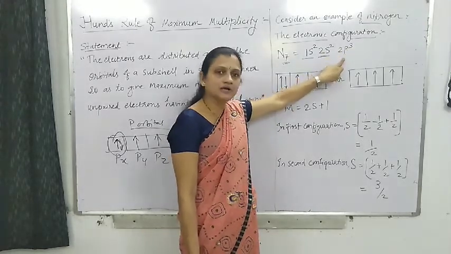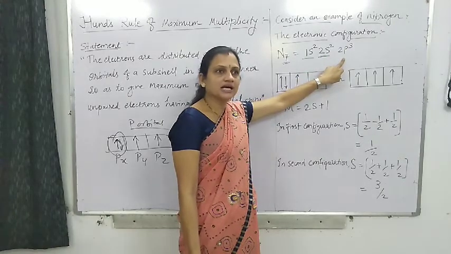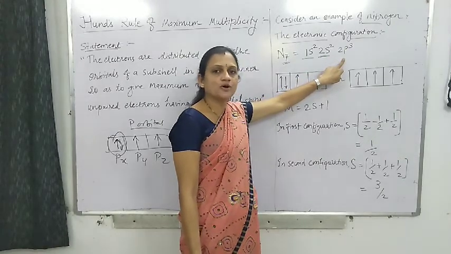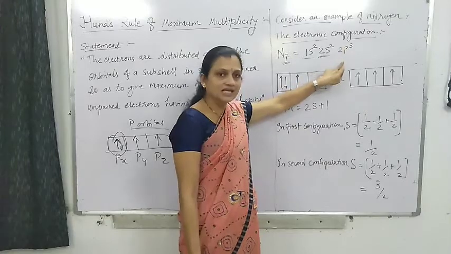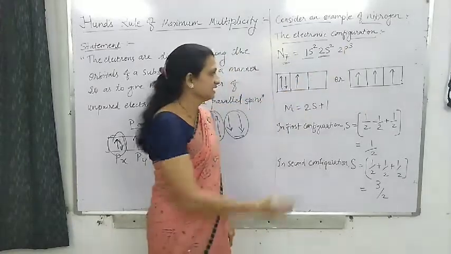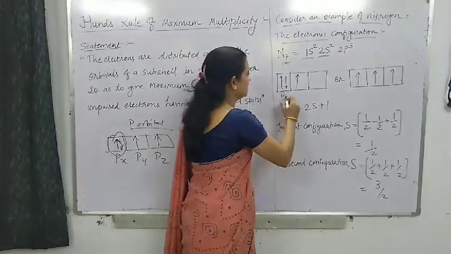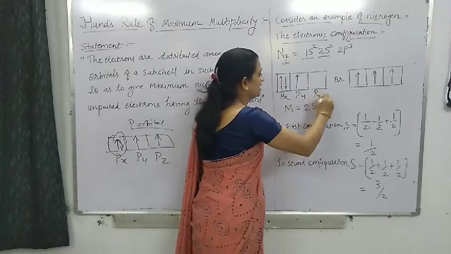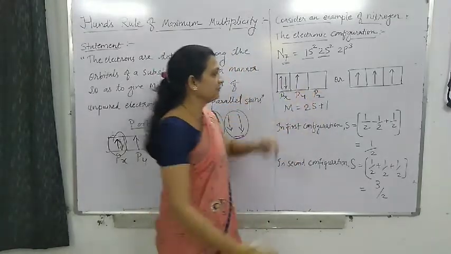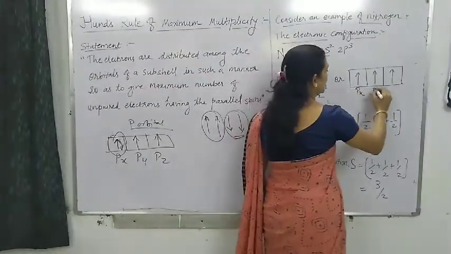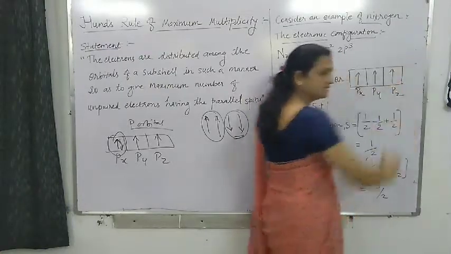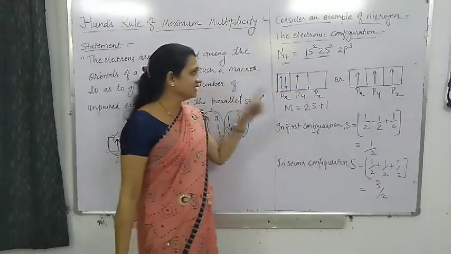Now for this half filled p orbital, we can arrange these 3 electrons in 2 different ways. Here we have done the filling of electrons in 2 different ways, in px, py and pz. Again this is px, py and pz. So what happens in this case?